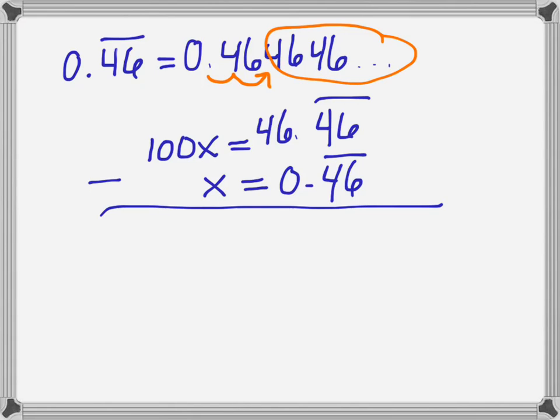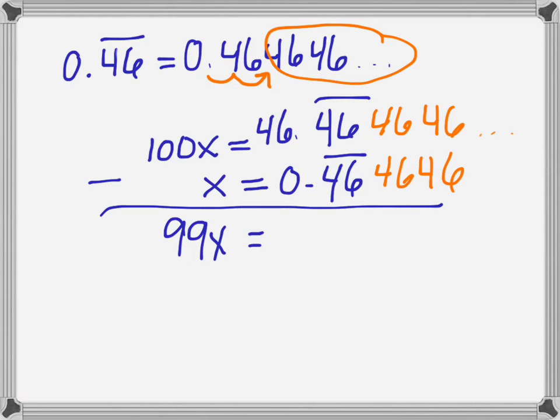Right, on the left I have 100x minus 1x, and that's 99x. And on the right, I have all of these 4's and 6's repeating infinitely, and all of them are going to subtract and equal 0. Okay, so every 6 minus 6 is a 0, every 4 minus 4 is a 0, etc. And then I'm left with 46 minus 0, which is 46.